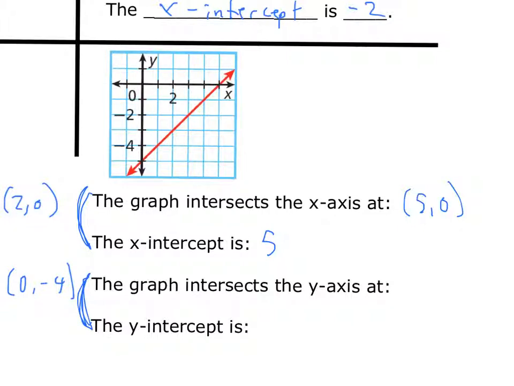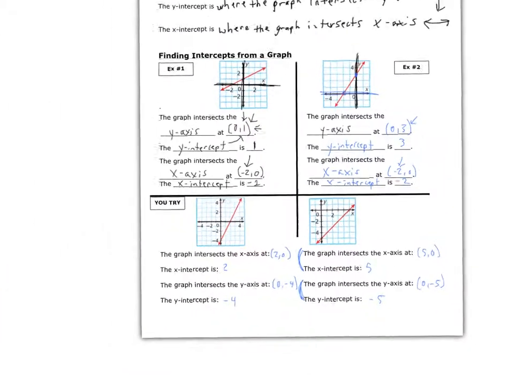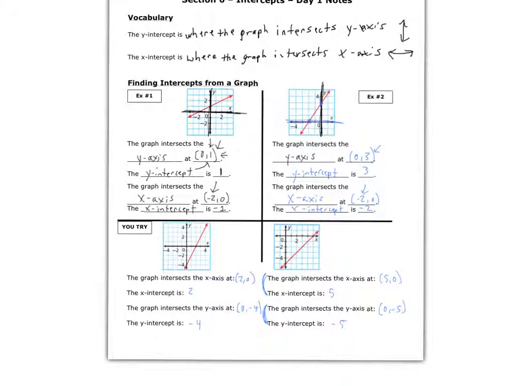And your y-intercept is (0, -5), so your y-intercept is -5. Hopefully you have a good understanding of how to find x and y intercepts from a graph. Make sure you have all this down. Very important information.